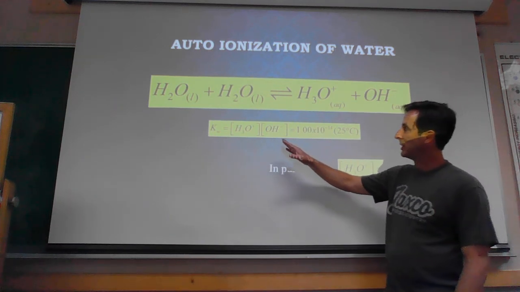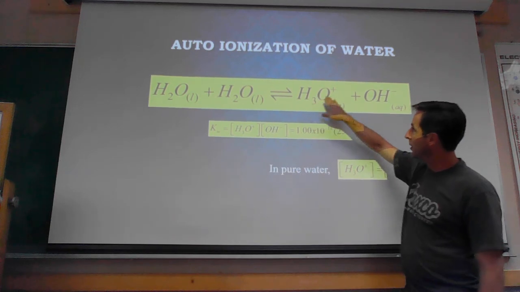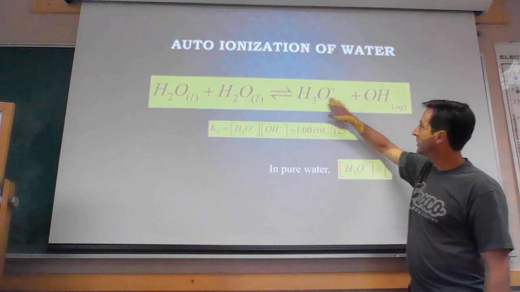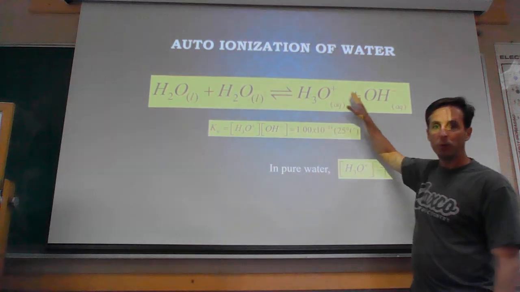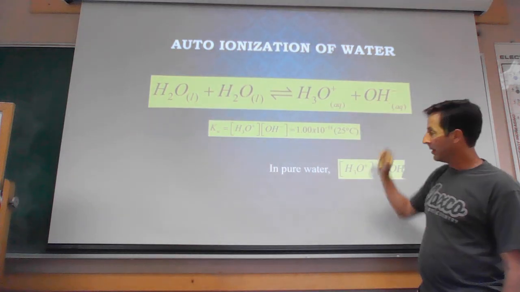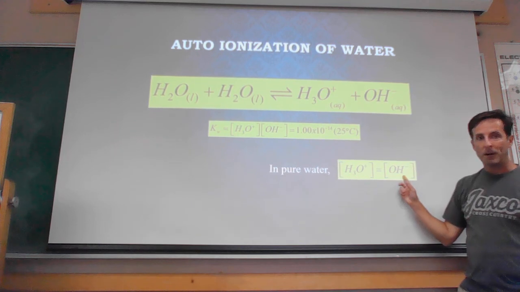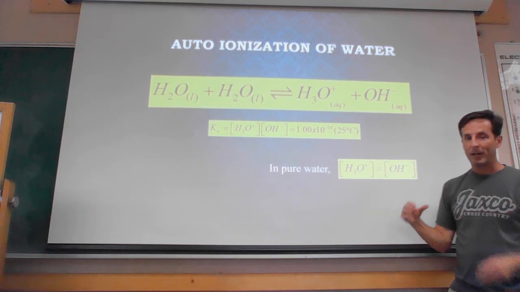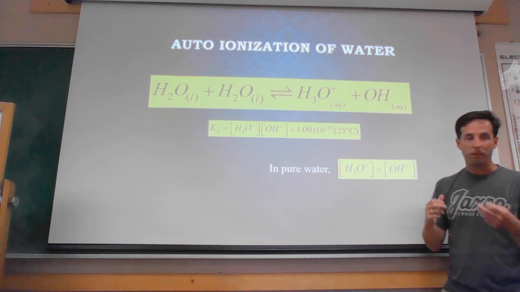Since this reaction produces 1 hydronium for every 1 hydroxide, that means that in pure water, these two values have to be equal to each other. The H3O and the OH minus are equal to each other in pure water because I can't form one without forming the other.